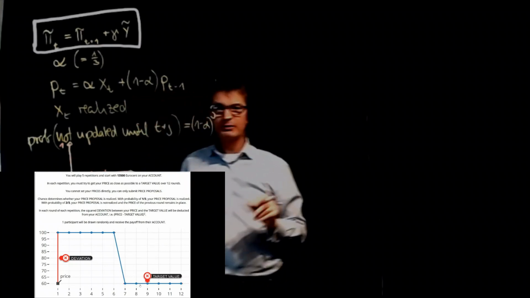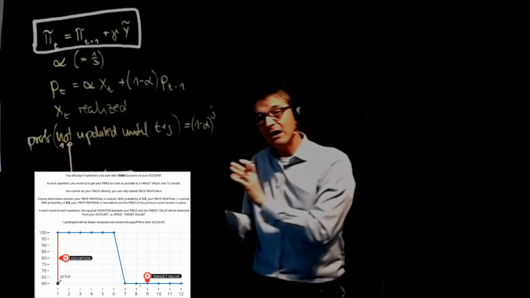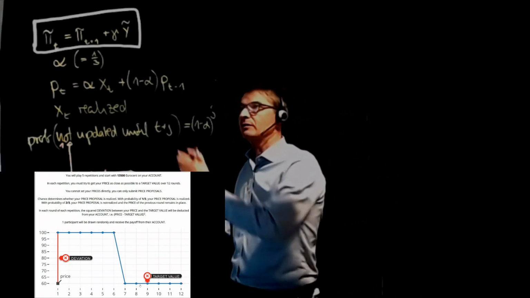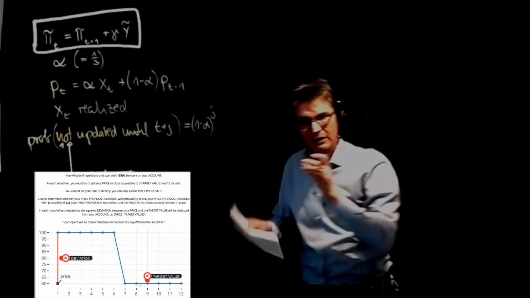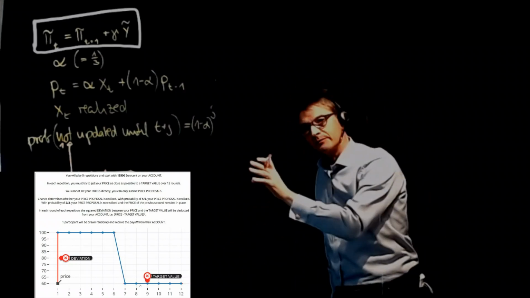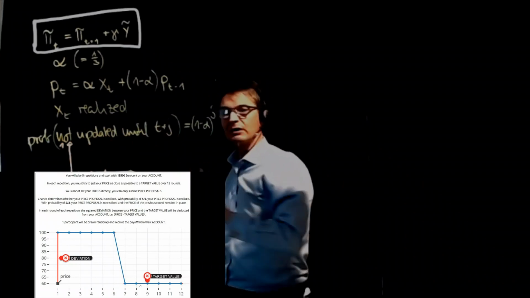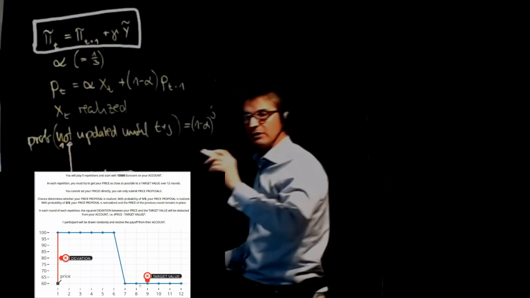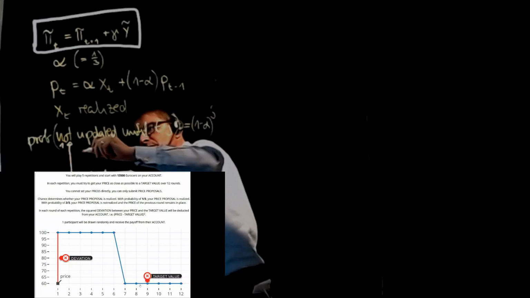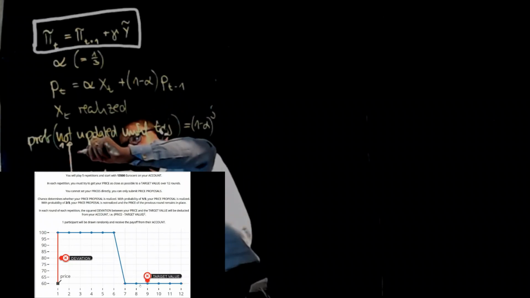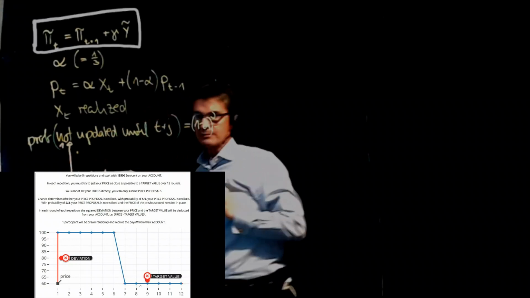In round t plus 1, well, with probability alpha, which in our case is 1/3, a new price proposal will be realized such that the old one is updated. So it is not updated with probability 2/3. Okay?